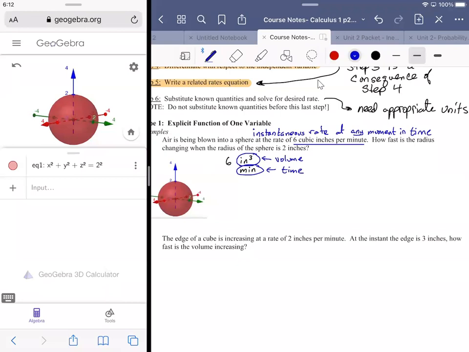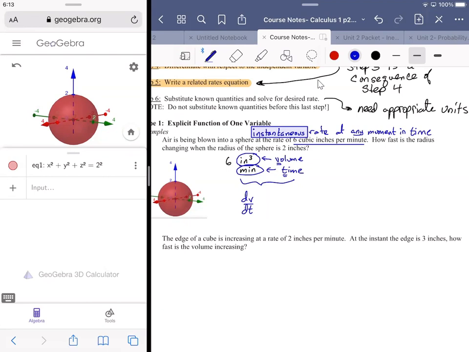But bottom line is, since this is a rate of change and it's instantaneous, this must be a derivative, right? So this must be, for lack of better variables, dV/dt. The instantaneous change in volume per instantaneous change in time.